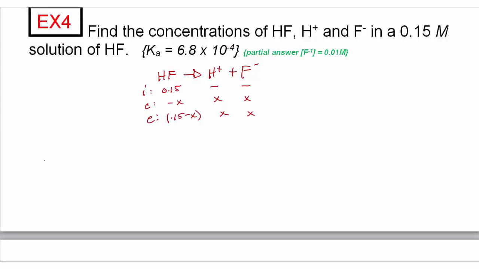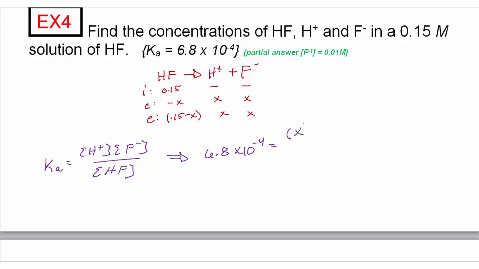Substitute into our Ka expression. Hydrogen ion, fluoride, over hydrogen fluoride. Okay. Ka is 6.8 times 10 to the negative 4. So 6.8 times 10 to the negative 4 has to equal x times x divided by 0.15 minus x.